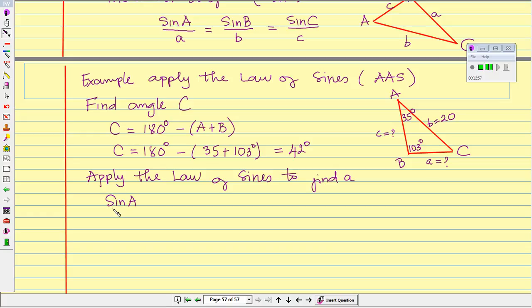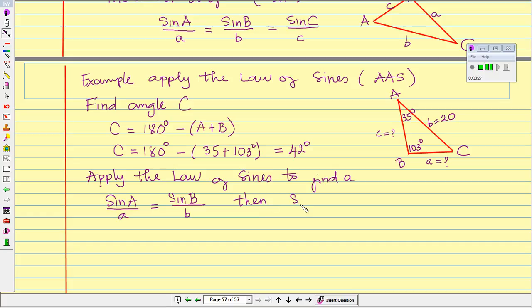We are going to use only two ratios: sine of the angle A over little a equals sine of the angle B over the side b. We have to make sure that we know enough: two angles and one non-included side. We know the angle A, the angle B, and the side b.